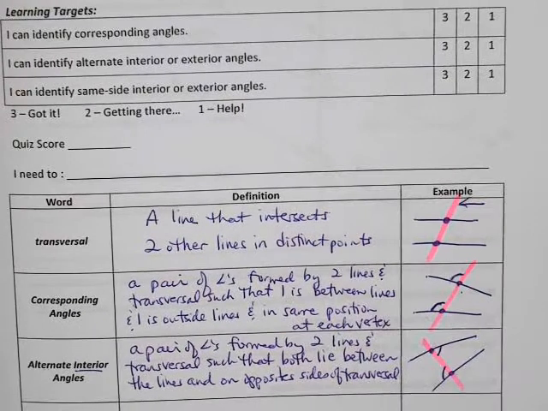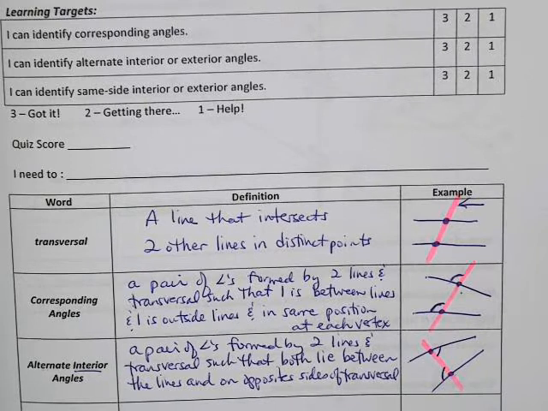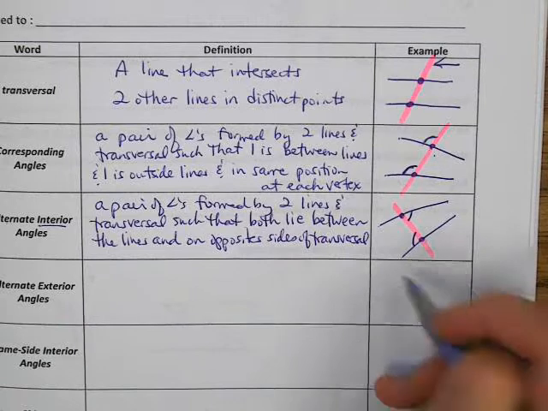Okay? We're not really going to be writing out these definitions, but you are going to be needing to identify them. Alternate exterior, you can probably guess what this is now.